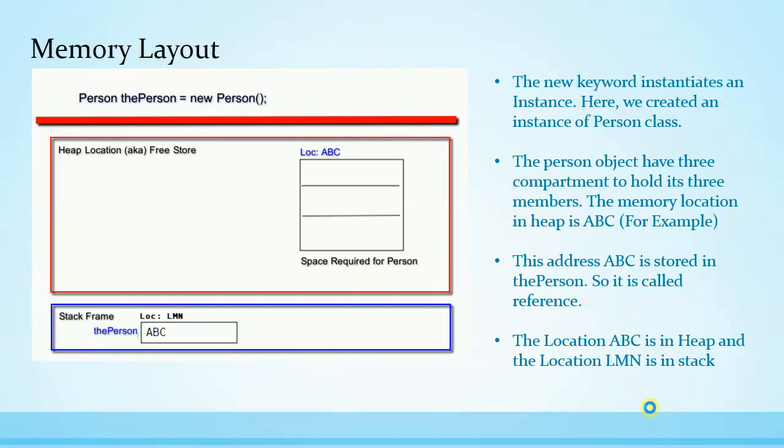Now we will go to the left hand side of the equal to operator. Here we are saying the person is the reference that will hold the reference. But at the same time, since we reach into the memory, if we only have the person, then the application knows that it is some memory location where I can reach. But to go to that memory location and read or write data into it, we need the type.